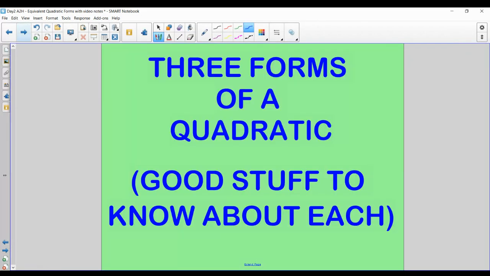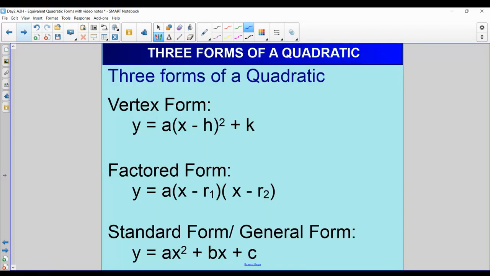All right, so there are 3 forms of a quadratic, and there's good stuff that comes from each of them. So vertex form, we said many times, the important thing that comes from that is the vertex, right? That is at (h, k). Factored form, the thing that we're now finding is that that gives us the x-intercepts.